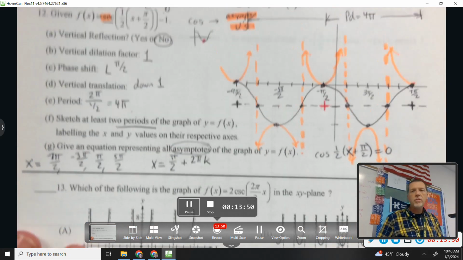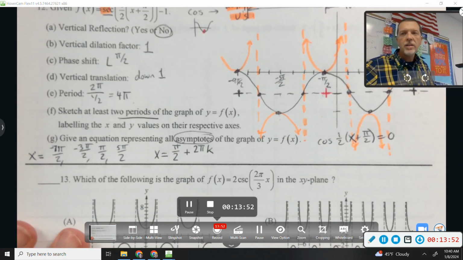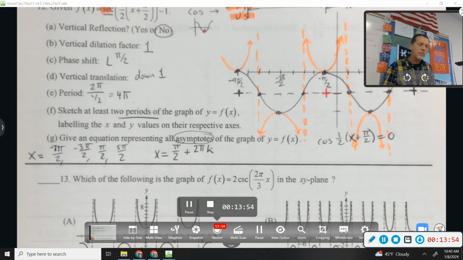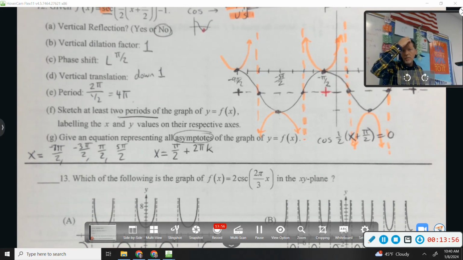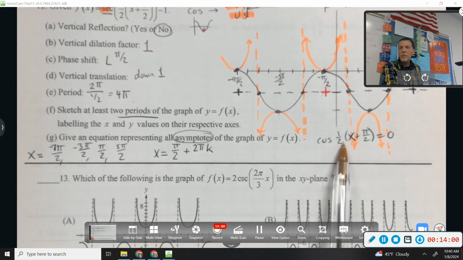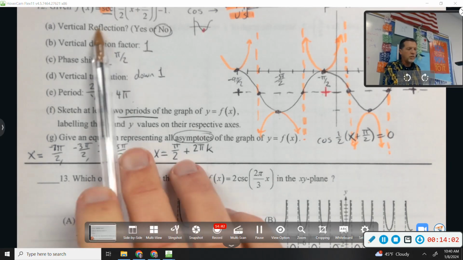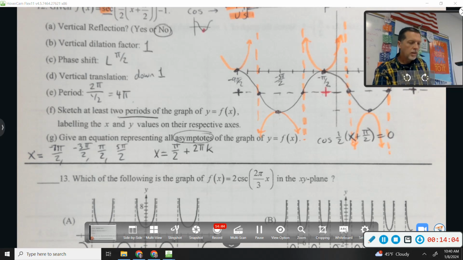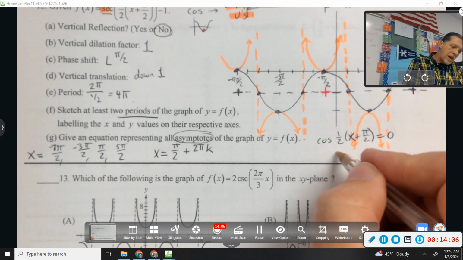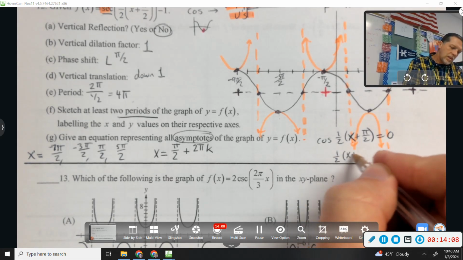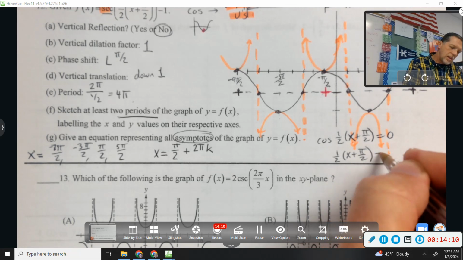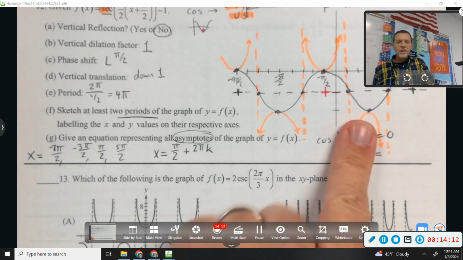You can debate whose method is better. I don't like my method after watching students do it this way. But if I didn't have a picture, maybe this would be a better way to go. Asymptotes happen where the cosine is 0, because you'd be dividing by 0, and that doesn't work. So that means, well, forget the inside, that's complicated.